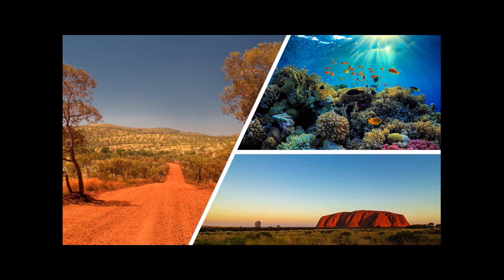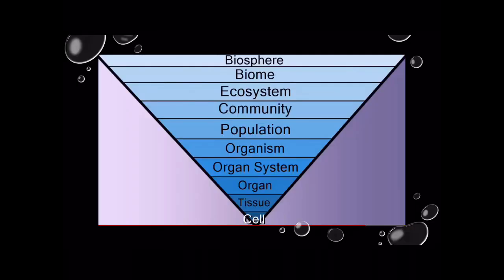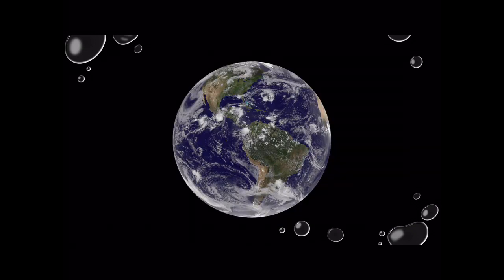You can see there in the bottom right-hand corner, there's Ayers Rock. It's a very famous landform there in Australia. All the living organisms and the abiotic factors make up these biomes, and when you put all the biomes together, you get what's known as the biosphere. Together, all the biomes together on planet Earth make up your biosphere.